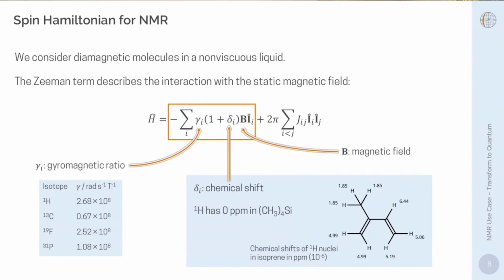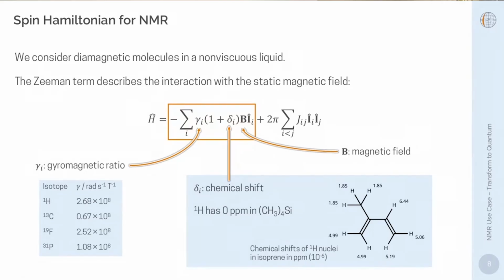What we have is, on the one hand, the gyromagnetic ratio, which is specific to a given isotope. And the other parameter that enters is the chemical shift. The reason we have this is because nuclei are diamagnetically shielded in a sample. And the shielding is a bit different from molecule to molecule and from atomic position to atomic position in a molecule.